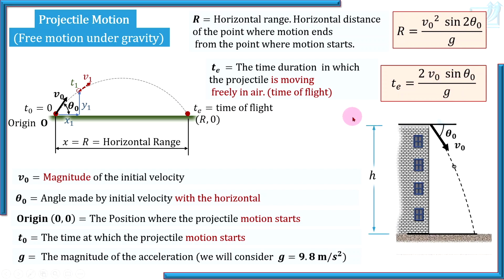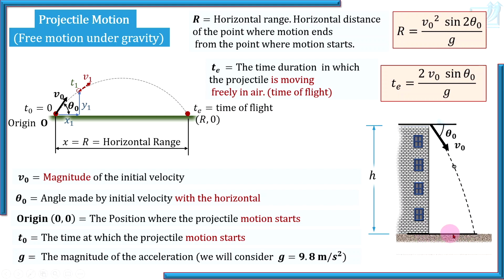Now a very important thing. In this case a ball is thrown from the top of a building at an angle theta 0 with the horizontal. Remember, these formulae are derived exactly for the earlier situation. Now in this case, origin is the point where motion starts and here, say, motion ends. So this is the range. How is range defined?